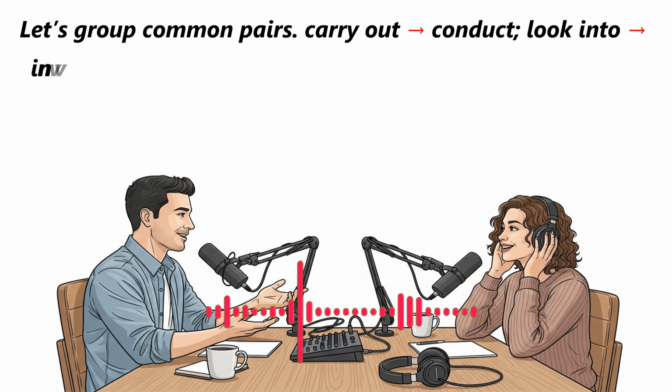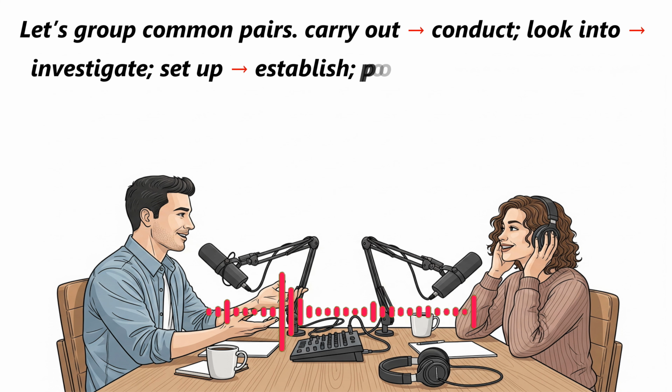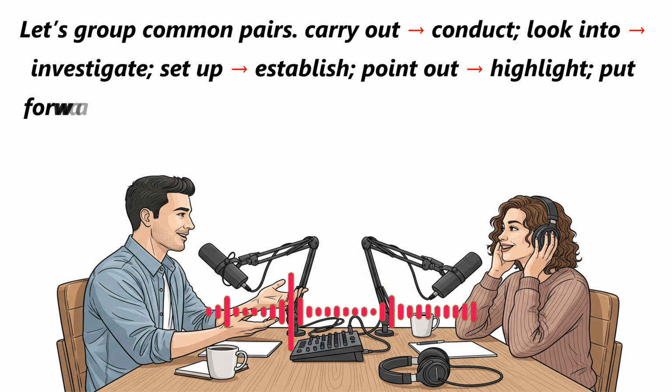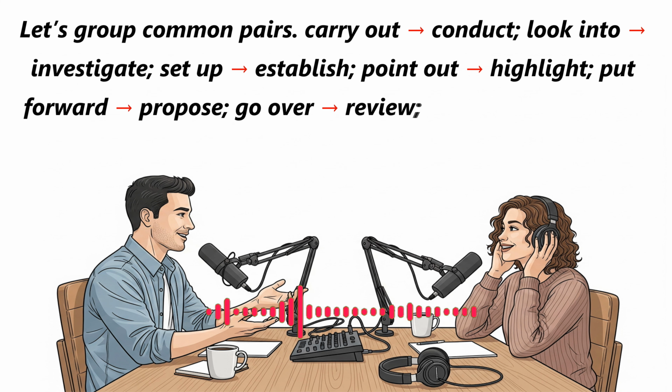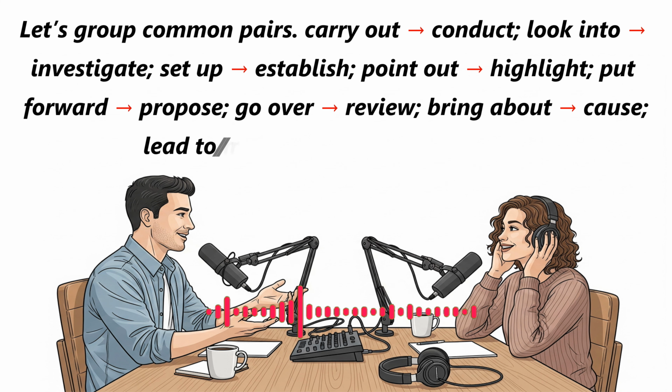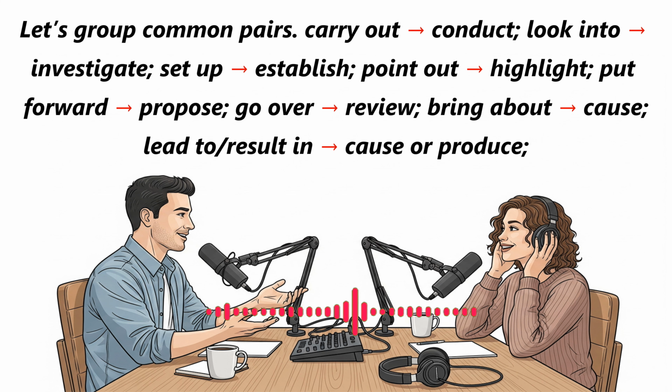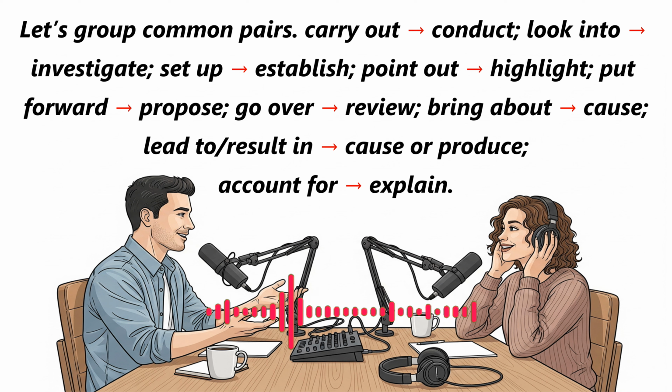Carry out, conduct; look into, investigate; set up, establish; point out, highlight; put forward, propose; go over, review; bring about, cause; lead to, result in, cause or produce; account for, explain.